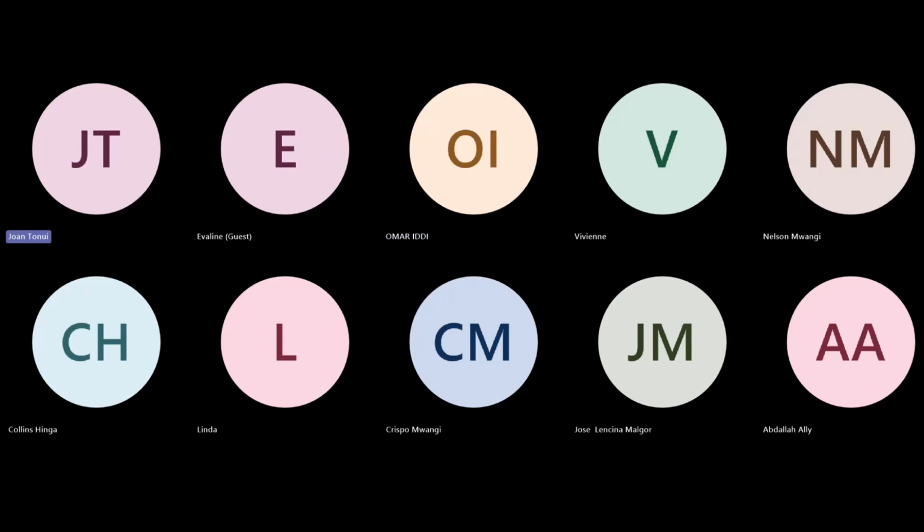Is that the same thing? I'm talking about the indicator that tests promoters, passives, and detractors. I think it's the same thing, but we're just using different lingo. Okay, yeah.